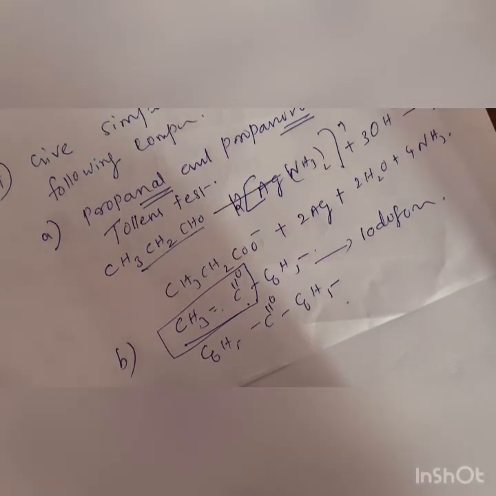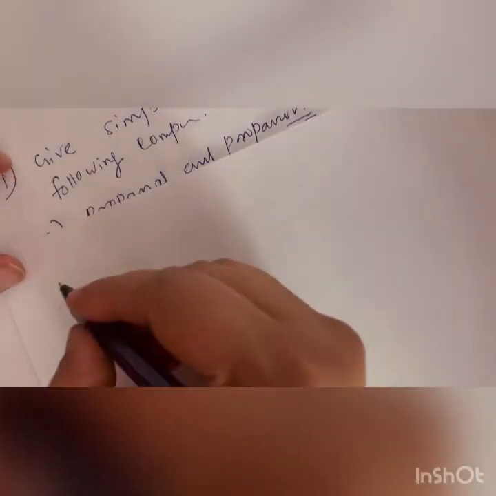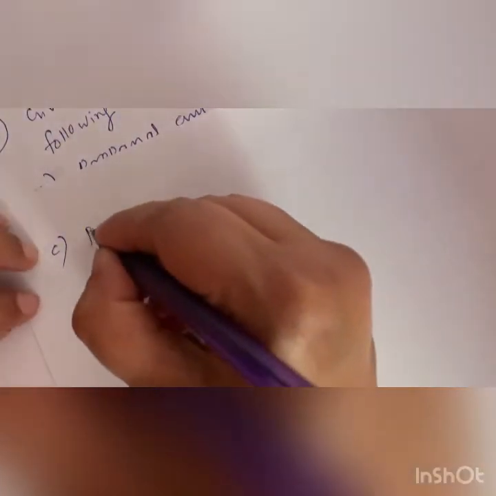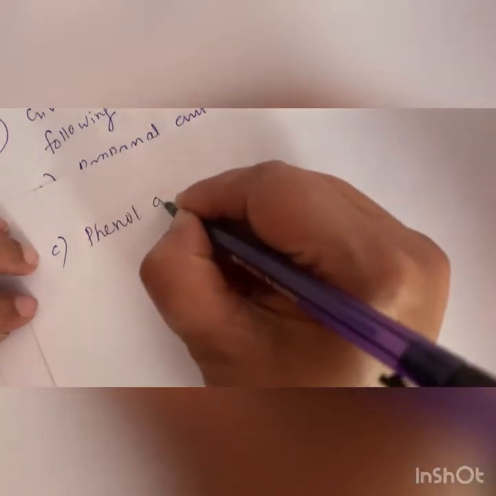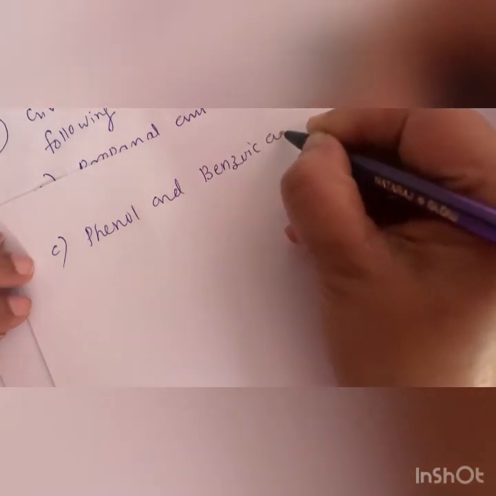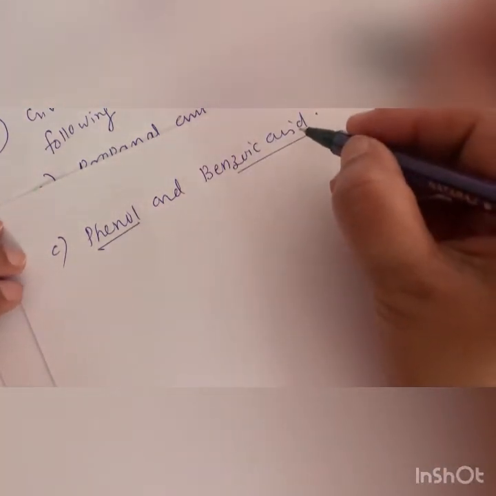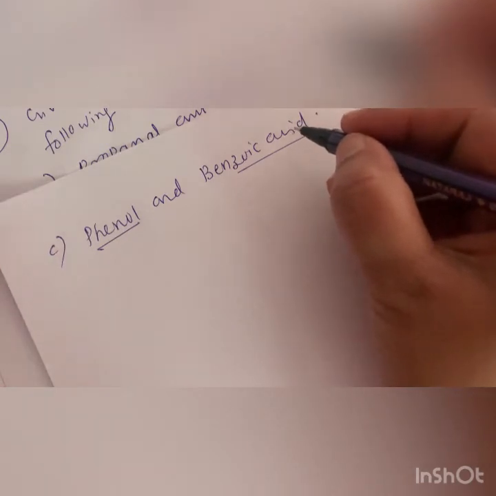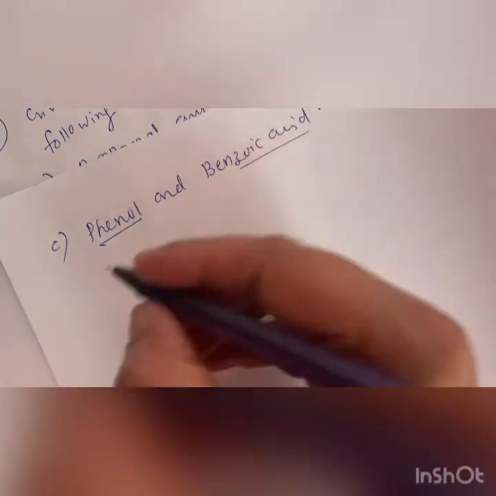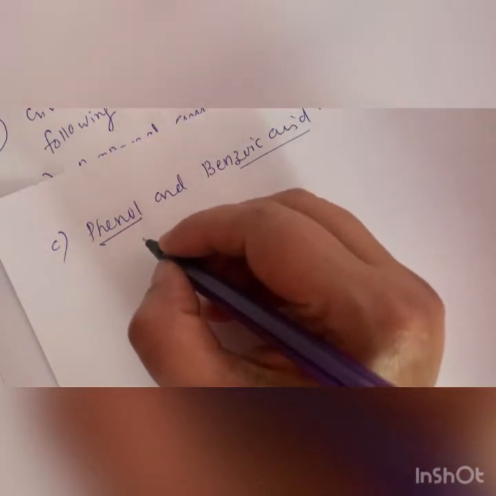Now the next one: phenol and benzoic acid. You can do a phenol test or a benzoic acid test. For phenol you can use the bromine water test. When phenol is treated with bromine water, it gives a white precipitate.